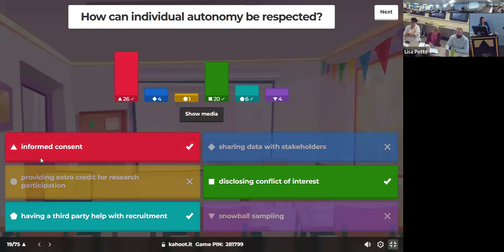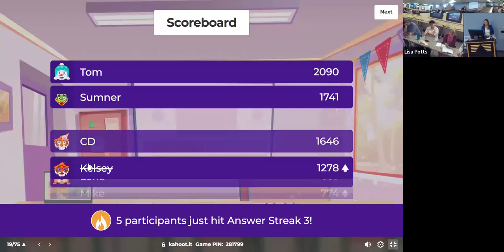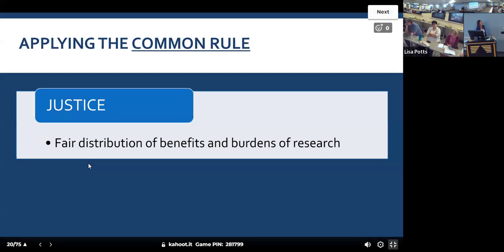Yeah, there are some different ways that you can take this principle into consideration: informed consent, the recruitment process, and all of these things. Like I said, we'll get to some more of those components at the end here.